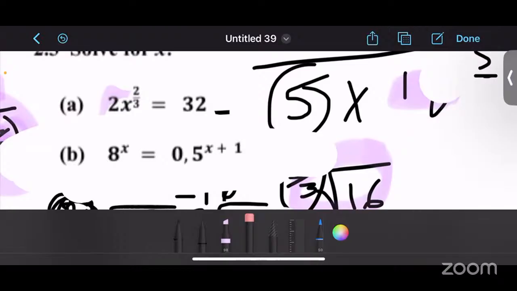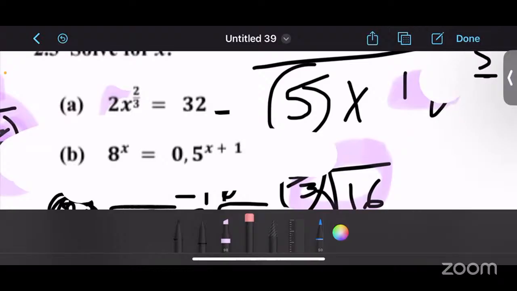So Grace, let's try to check if we can convert the 8 so that it has a 0.5 to the power of something, or change the 0.5 so that it has 8 to the power of something. Do you get it?